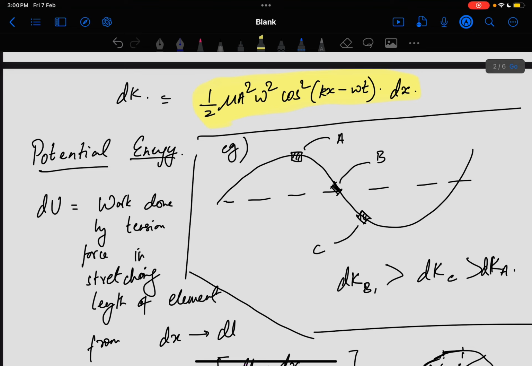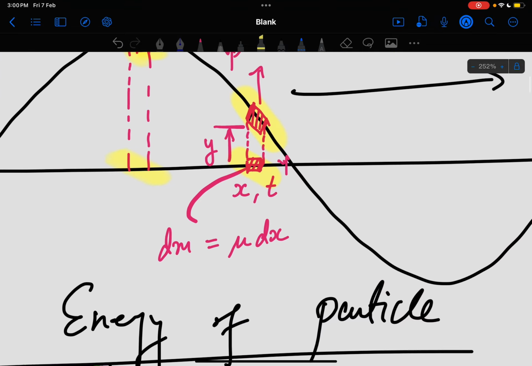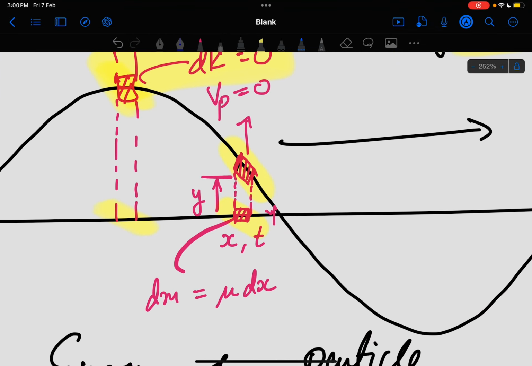Now what about potential energy? You can see that the dx at the topmost point, whatever is this length, will be the same as this length over here, right? But we notice that for a particle at the extreme position of this dx length, as the string wave moves, the length of this element will no longer be dx, it will be slightly more, that is nothing but dl.